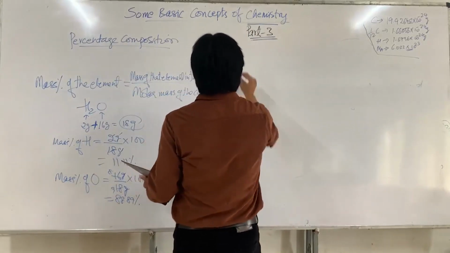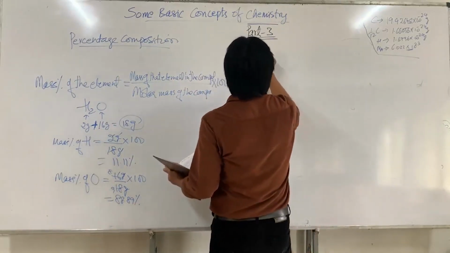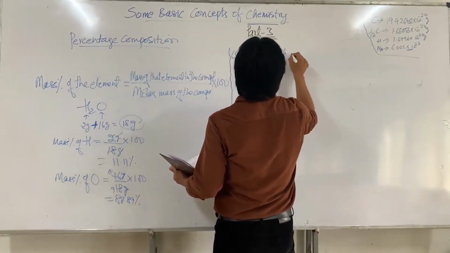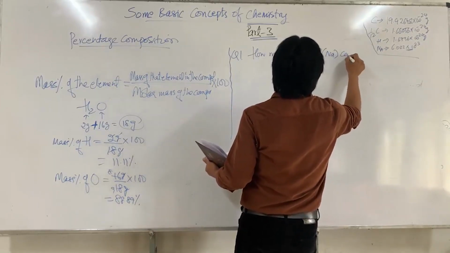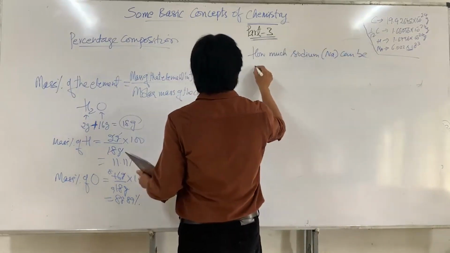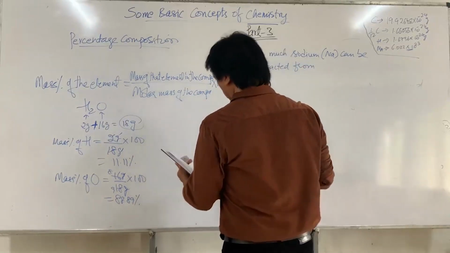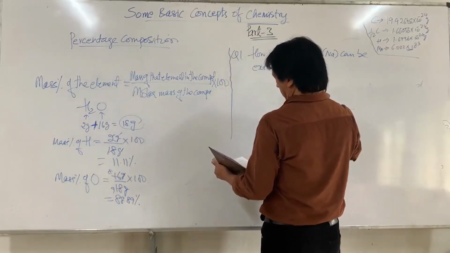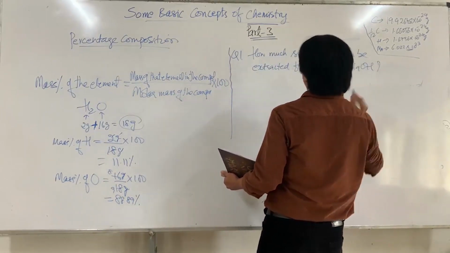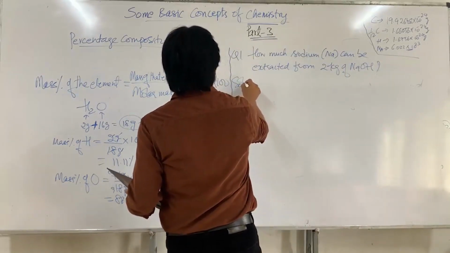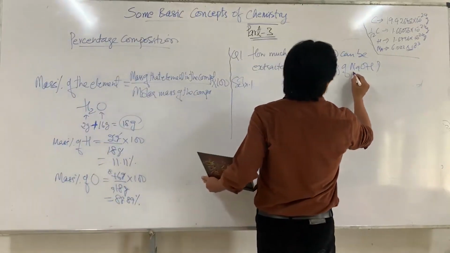Question number 1: How much sodium, that is Na, can be extracted from 2 kg of sodium hydroxide? So this is the question. Now, sodium hydroxide, this is what you are supposed to know.